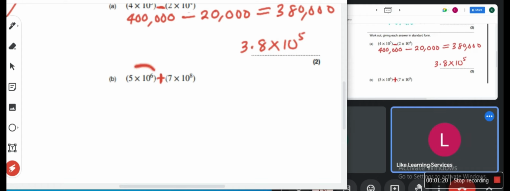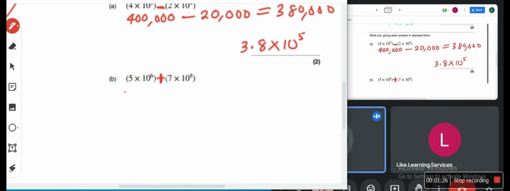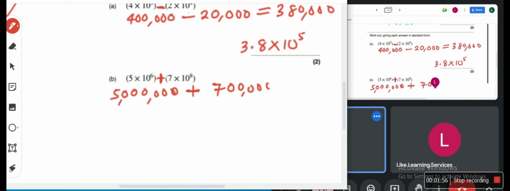What does it give? Let me write it down. 5 times that will be 5 million, plus 5 with that will be 700 million, which would give you 705 million.